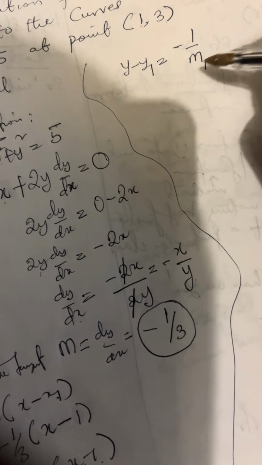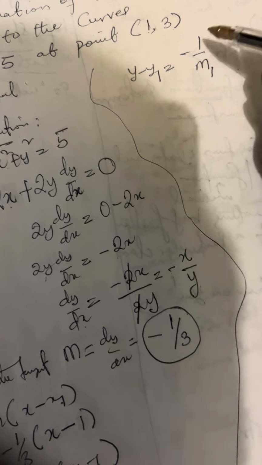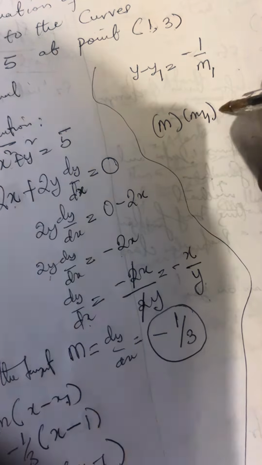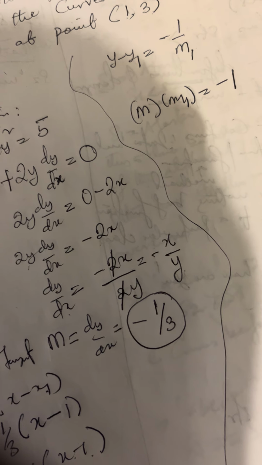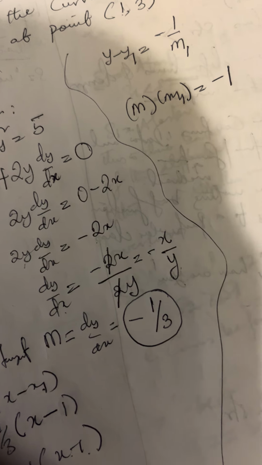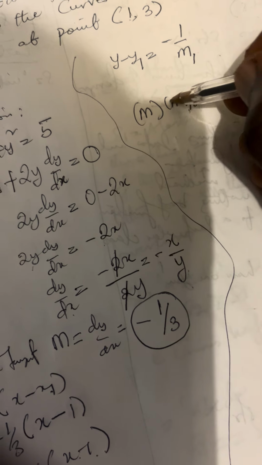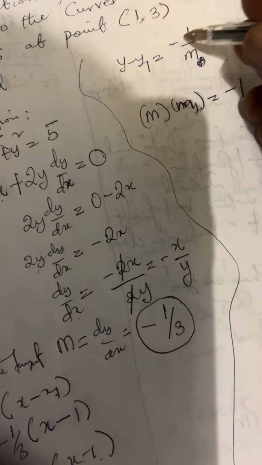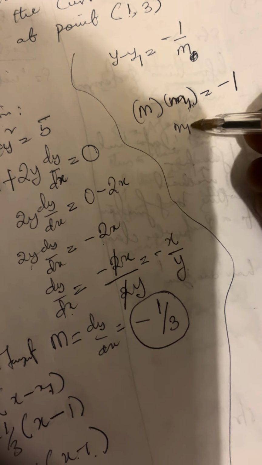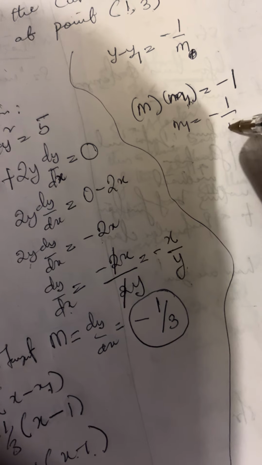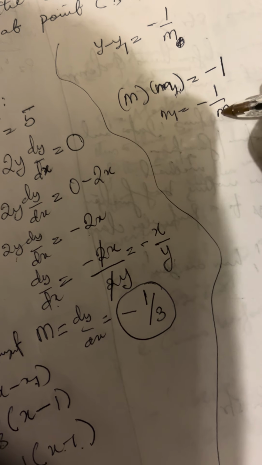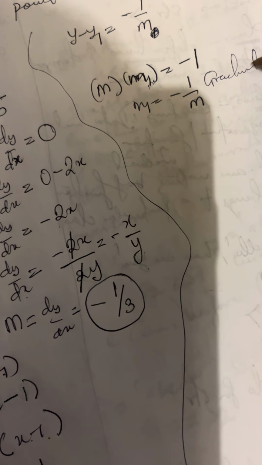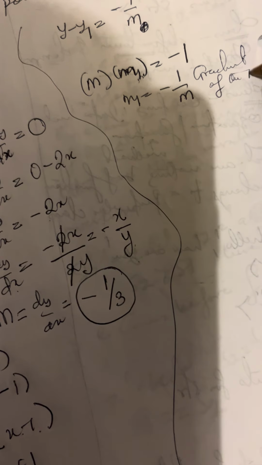The condition of perpendicularity is m multiplied by m1 equals minus 1. So m1 is minus 1 over m, which is the gradient of the normal.